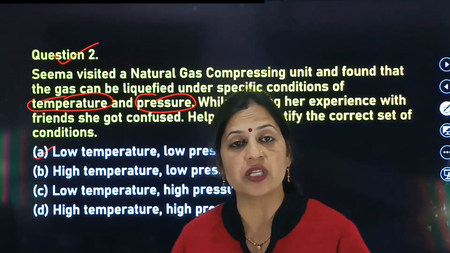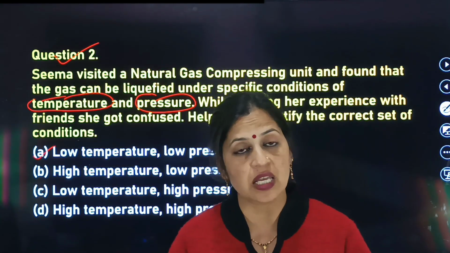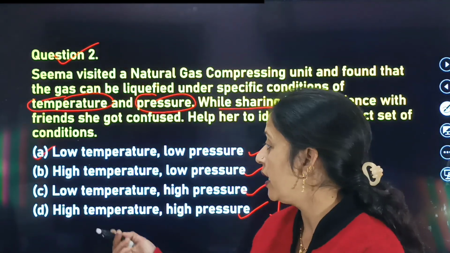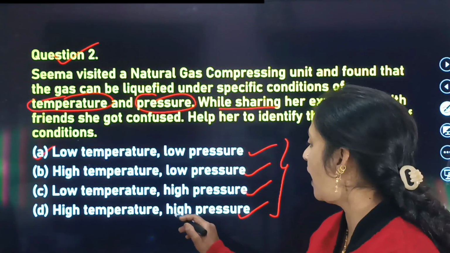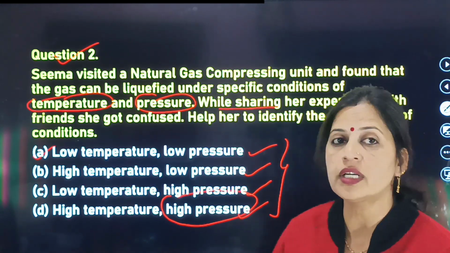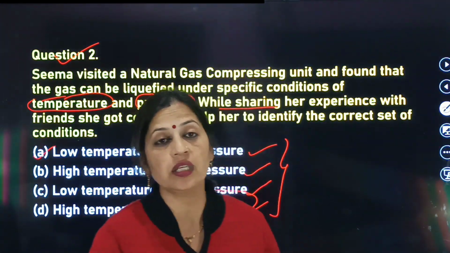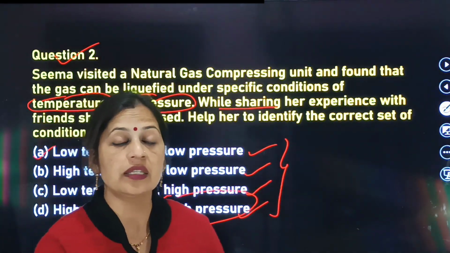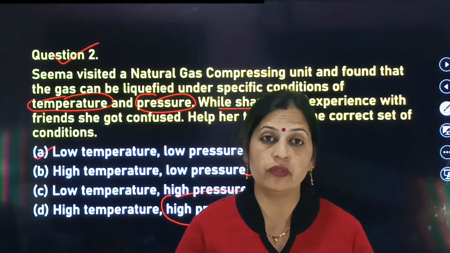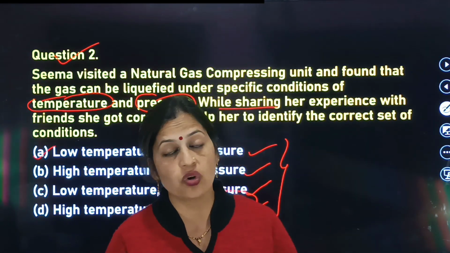क्योंकि दो कंडीशन स्पेशली दी गई हैं, टेम्परेचर एंड प्रेशर, और इन कंडीशंस में गैस can be liquefied. Third condition is low temperature and high pressure, and the last condition is high temperature and high pressure. So you have to find out the correct set of the conditions. तो बेटे अगर सीमा नेचुरल गैस कंप्रेसिंग यूनिट में विजिट कर रही है and found that the gas can be liquefied under the conditions of temperature and pressure, but while sharing her experiences with her friends, she got confused.